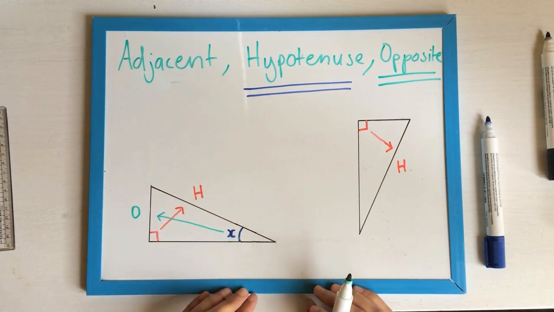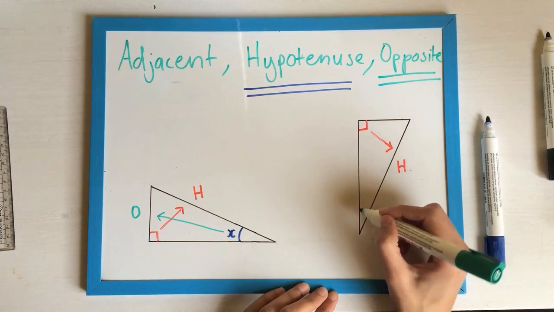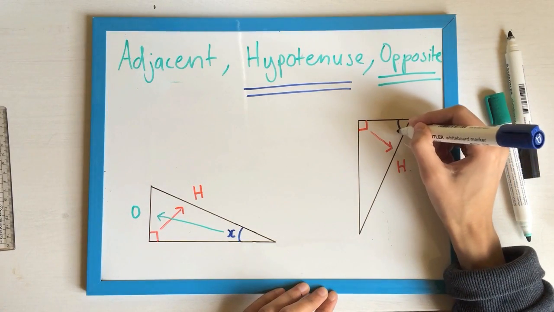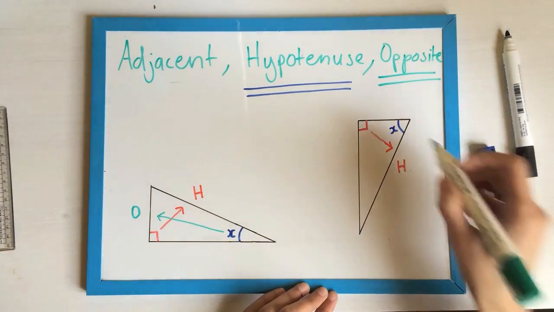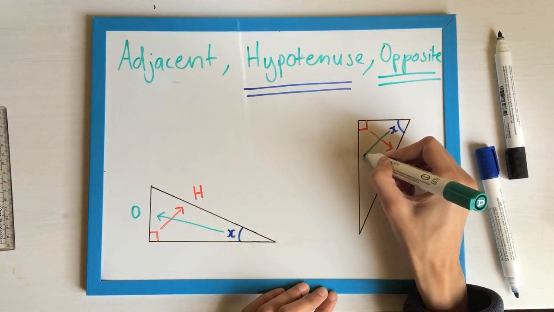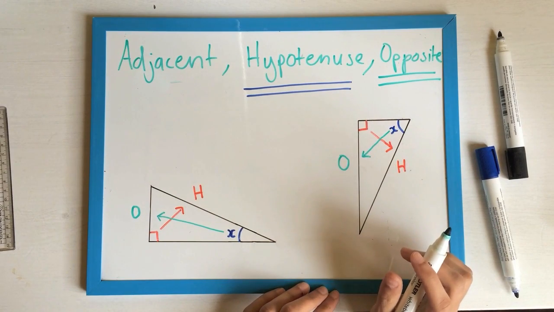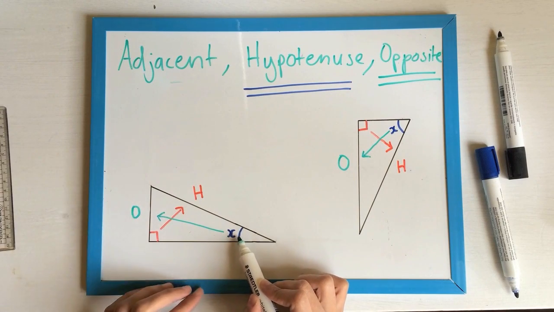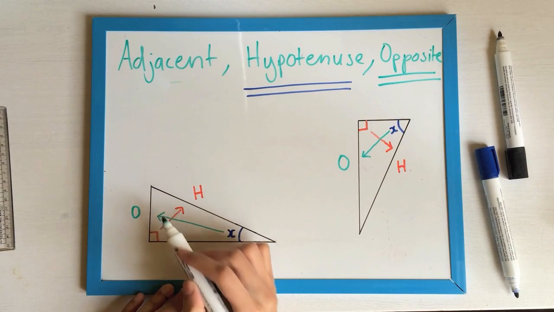We'll define that as O. For this triangle, if we have this angle, X, our opposite side will be this side here. We'll define that as O. Note that if we had swapped this angle for this angle here, our opposite would now be here.